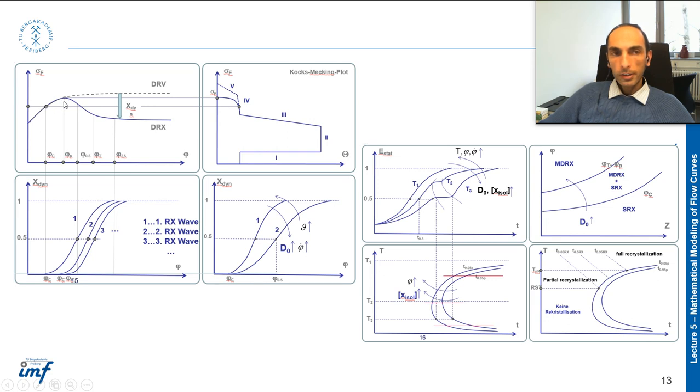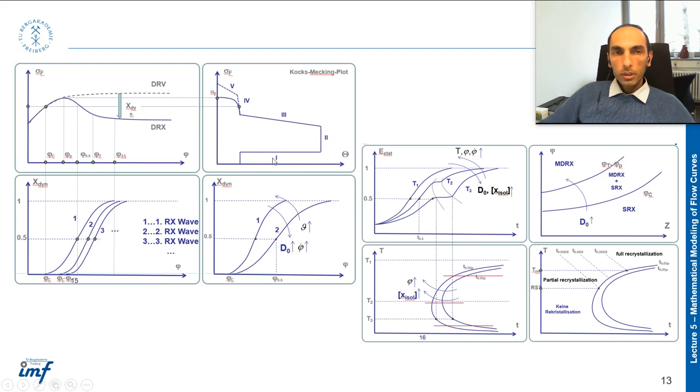It means that dynamic recrystallization starts before the flow stress reaches this peak value. This is the peak strain, and then strain 0.5 is the strain that the material shows when 50% of the microstructure is recrystallized, and then you have the steady state, where the dynamic recrystallization is finished.